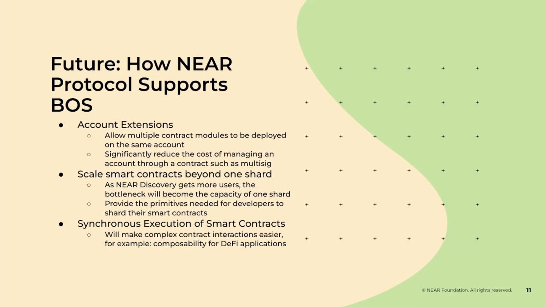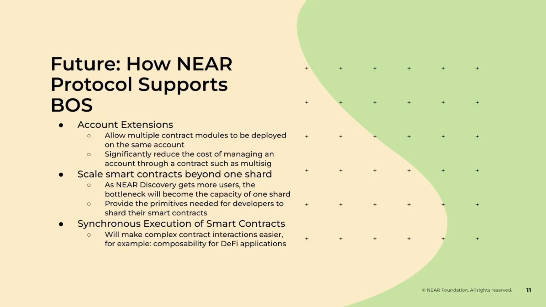And in addition to account extensions, another interesting thing that we're thinking about is to scale smart contracts themselves. Today, even though Near is very well known for sharding, for scalability, the fact is that a smart contract cannot take full leverage of Near's sharding design, because each smart contract only resides on one shard.